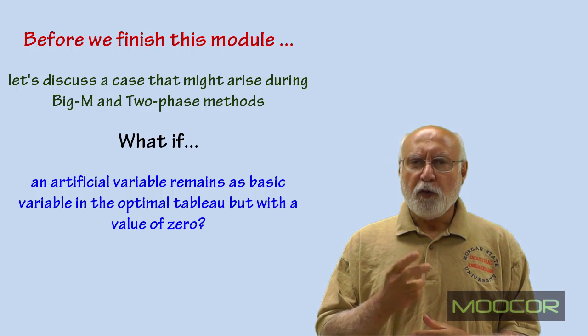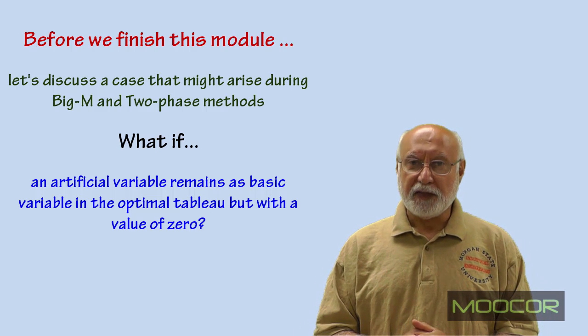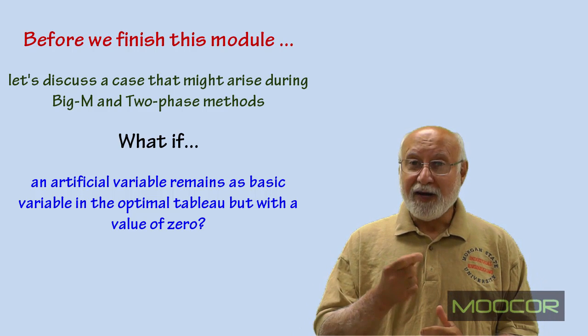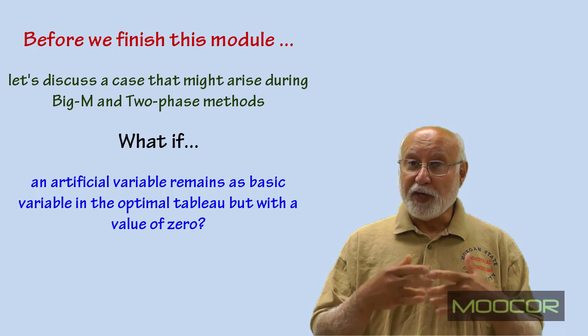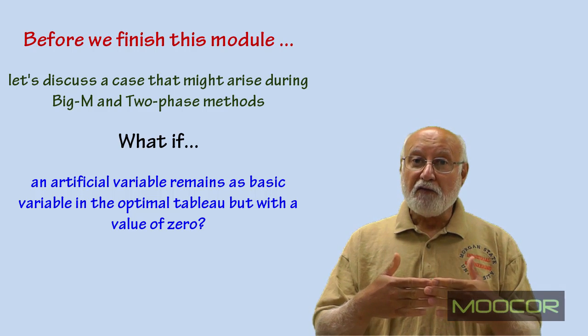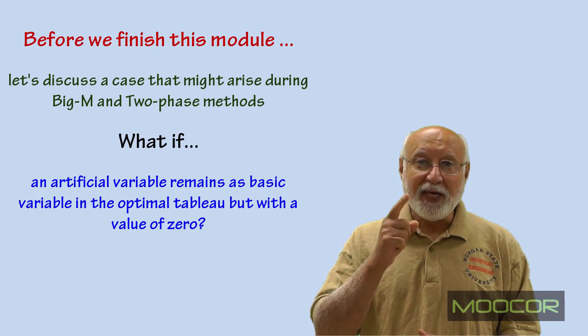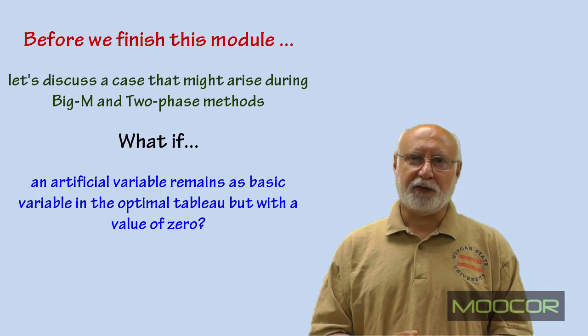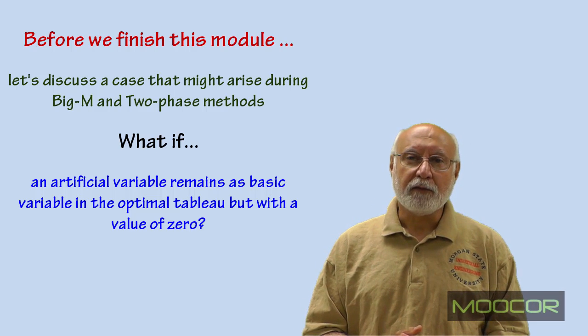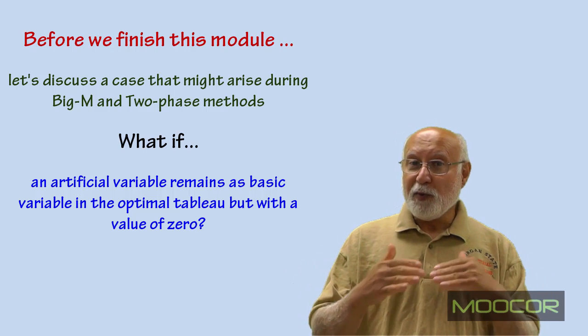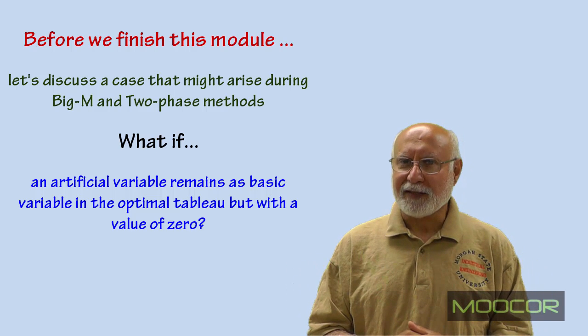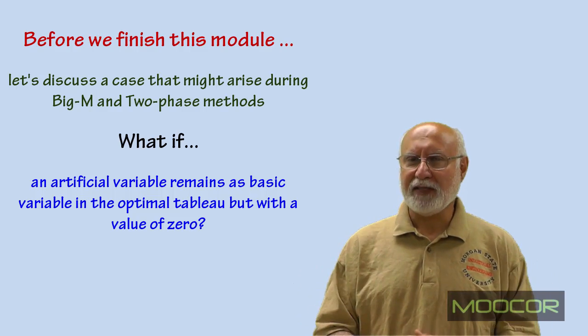At that point, we do have a feasible solution. We are at a feasible extreme point, so we can start phase 2. But we cannot drop that artificial variable from the tableau because it is in the basis, and if we drop it, then we don't have anything to replace it, and we will lose one of our basic variables. Let's see how these cases are handled.